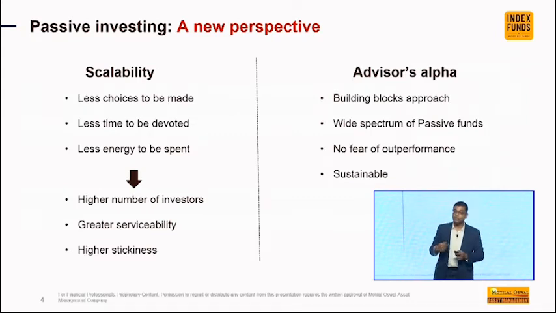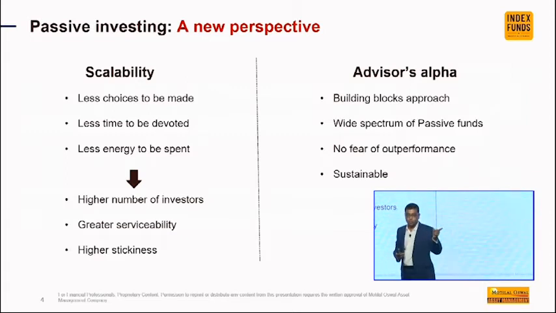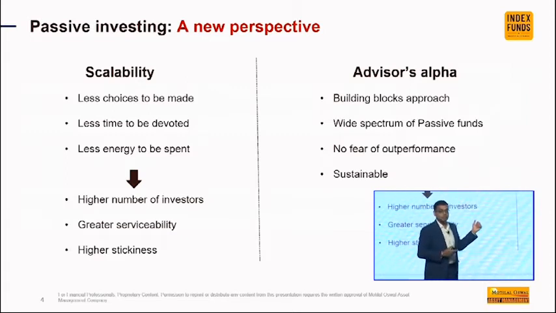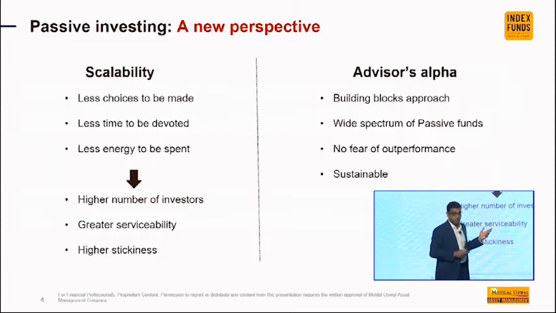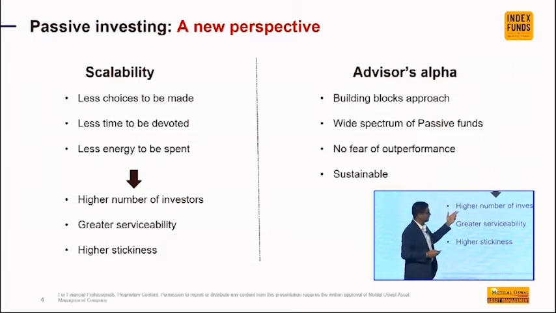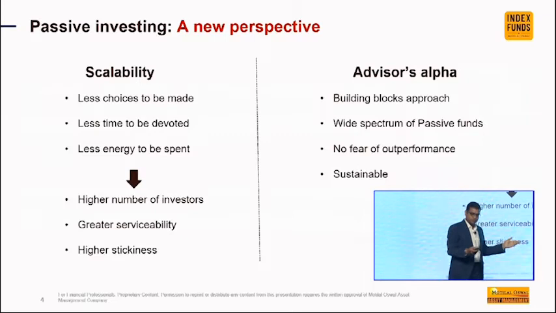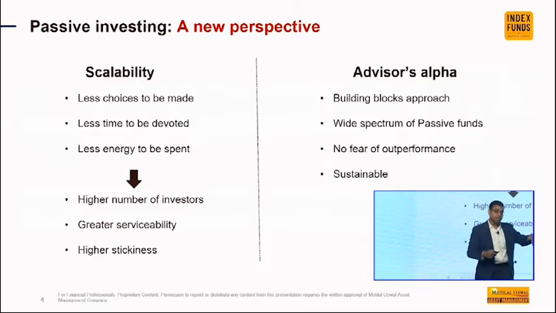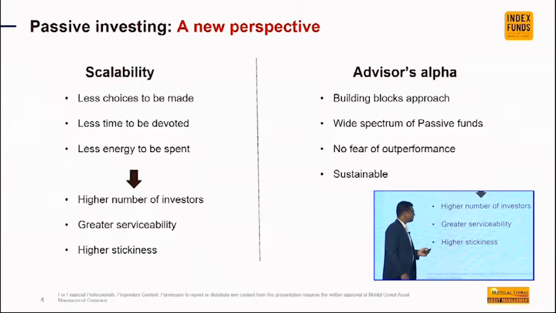This is something in your hand. You have to help the client reach his financial goal, and that's where passive plays a big role in creating alpha. There are a lot of products available, which we discussed. We'll be discussing how to use these, and that's going to be the main focus of my presentation.